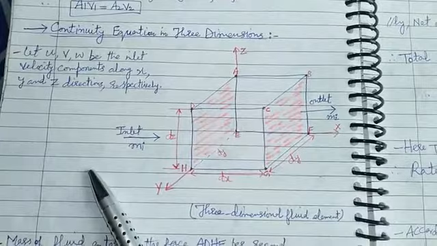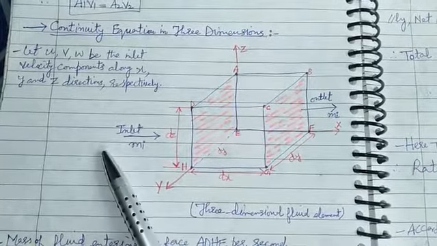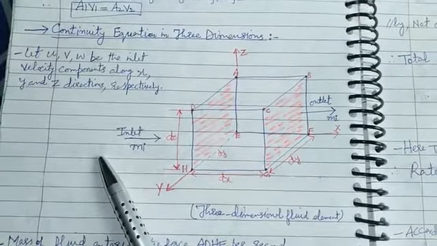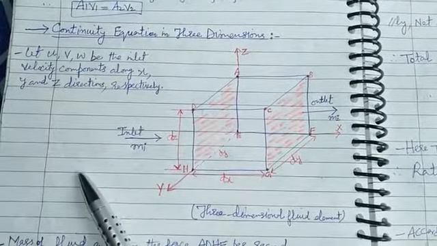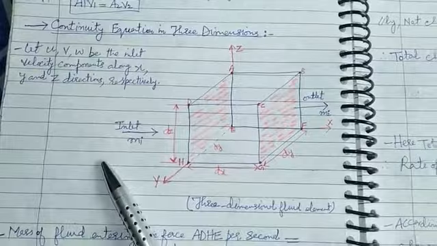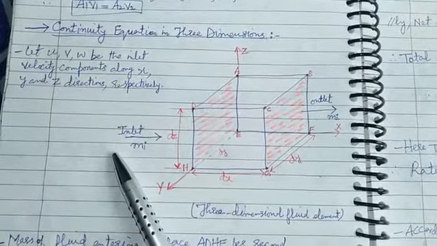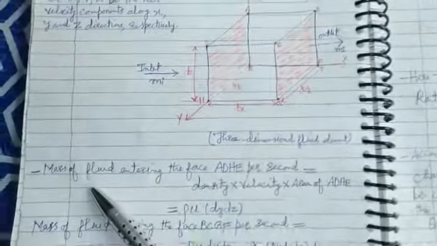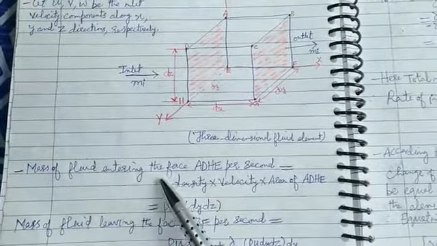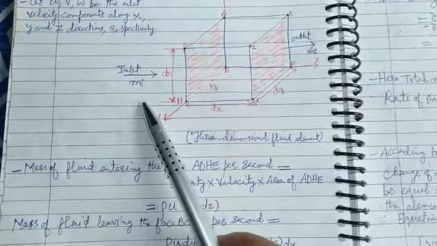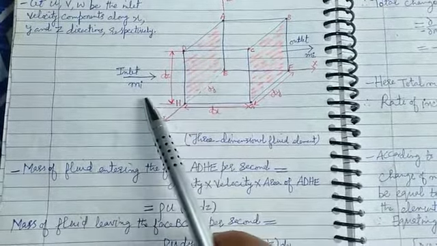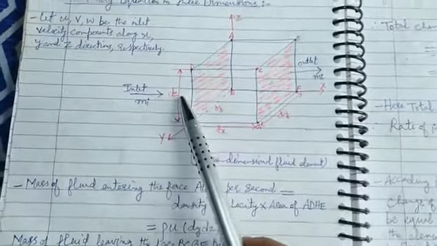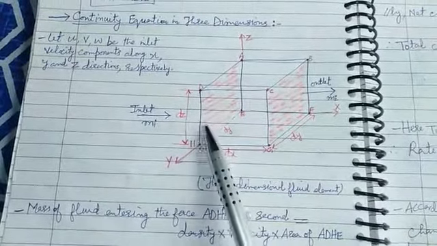We have to apply the same concept, the continuity equation of fluid dynamics that we applied in one direction, now in three dimensions. The same concept applies here, that is conservation of mass. Before that, we suppose the mass of fluid entering the face AEHD; this is called the inlet of this fluid element.